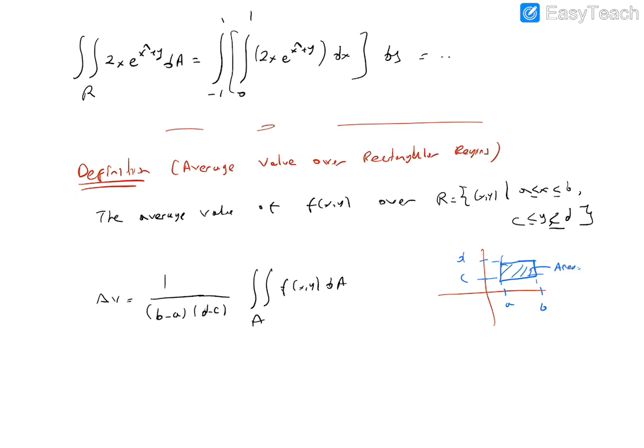So the area of this rectangular region is, this length is B minus A, this length is D minus C. So B minus A times D minus C. So by using this formula, you can calculate the average value of the two variable function on the rectangular region.